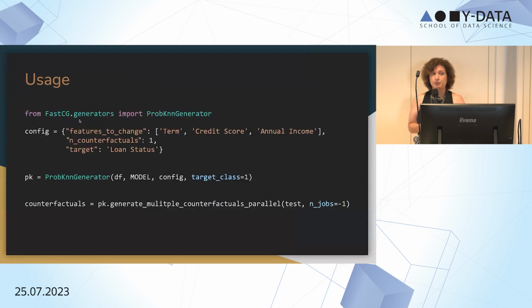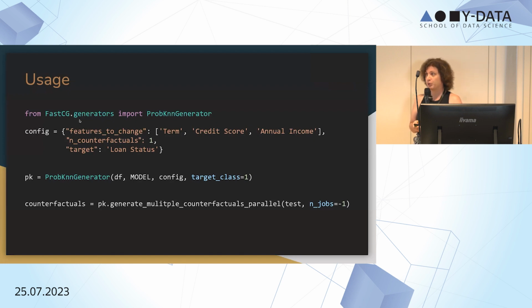For example, you can define the configuration of the model, the features to change. That means that you can choose any features that may be changed, for example credit score or income or purpose of credit. But at the same time, you can also restrict the number of features that can be changed, for example only 2.